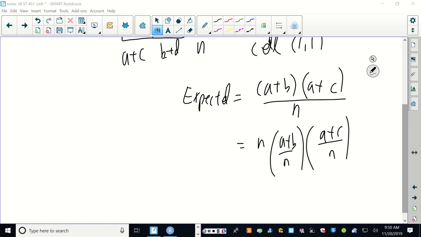So if A is bigger than this, we're going to consider all the tables where A keeps getting bigger up to a limit. If A is less, we would look the other way, but let's just consider one of these.